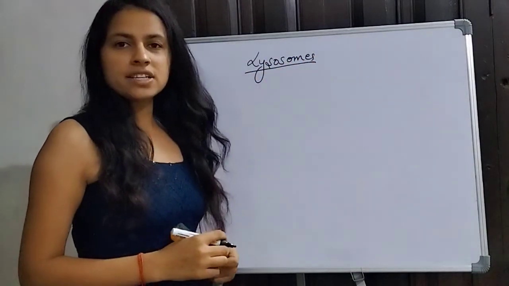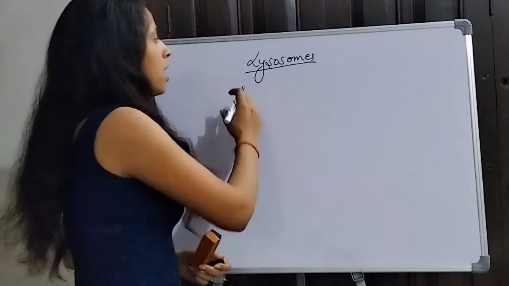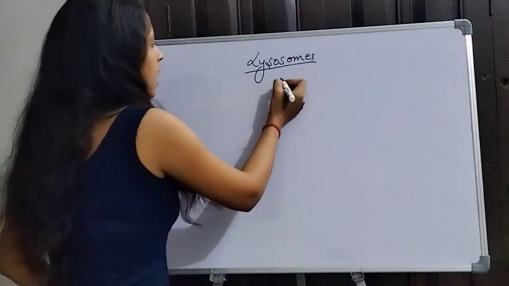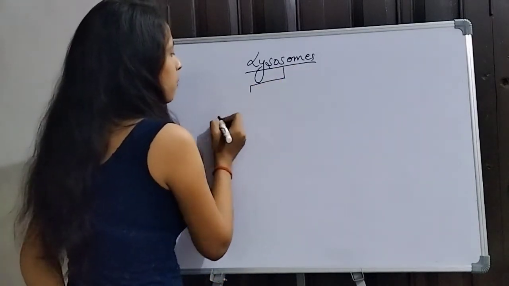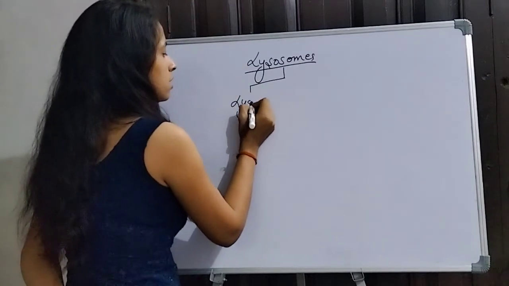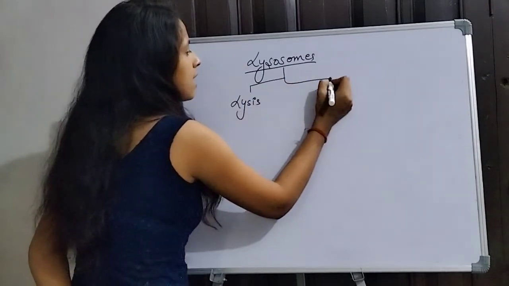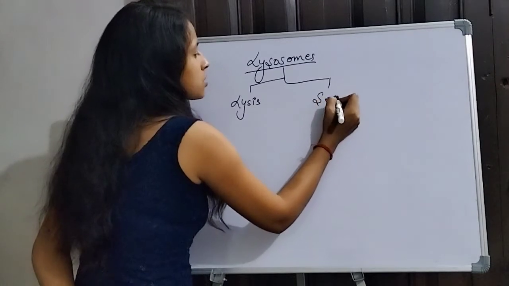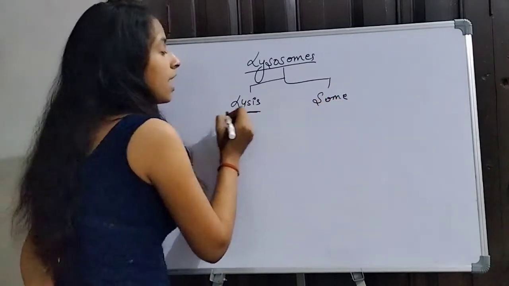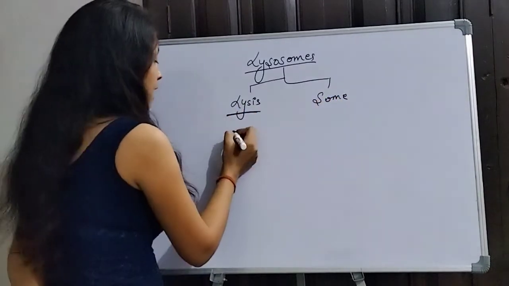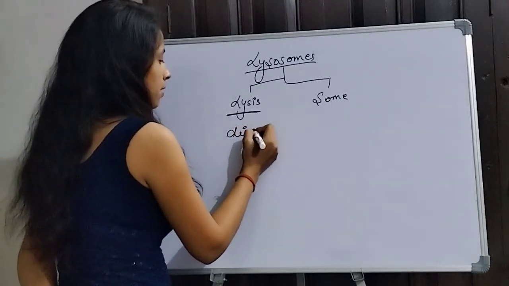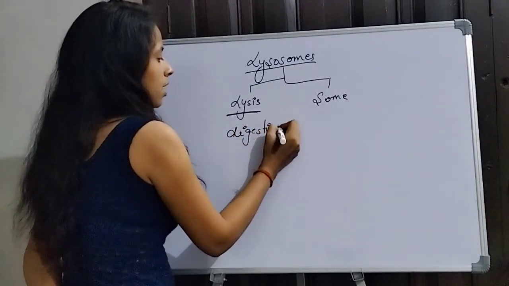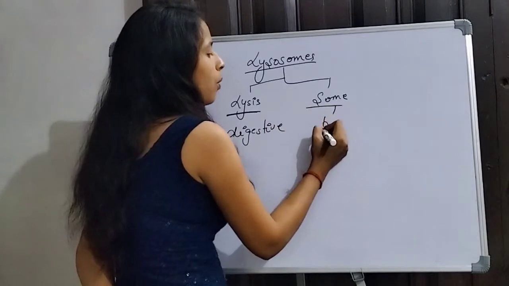So first we understand the meaning of this word lysosomes. This lysosome word is made up of two words: lysis, and the second one is some. Here the lysis word meaning is digestive and some means body.